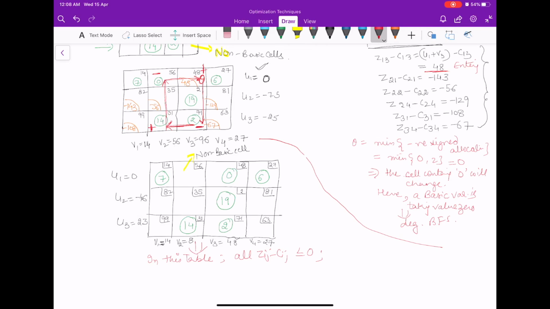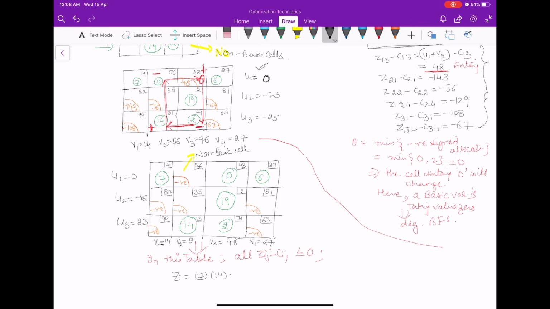And now in this last case, we again calculate ui vj, and we see that all of these quantities come out to be negative. I'm just writing, you can check the calculations. So these are all negative. This means the current table is optimal, and we multiply z with the corresponding allocation.